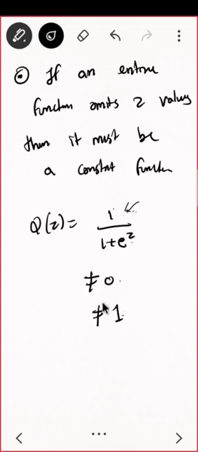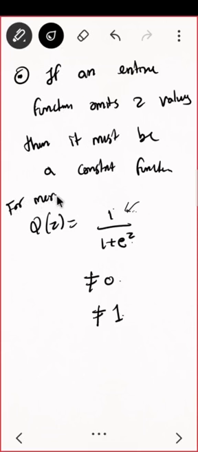Omits means I am talking about the range of the function, okay? If an entire function omits two values, that is, it is not taking these two values, in the range set these two values are not there. Correct? It is for an entire function, but this is a meromorphic function.